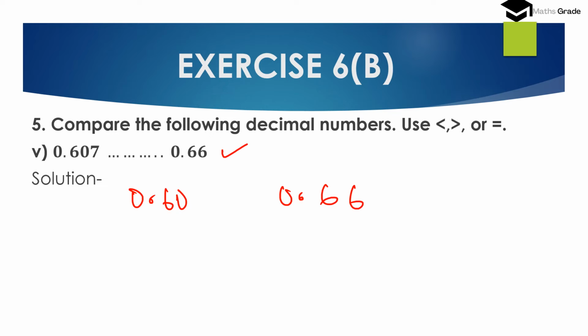In 0.66 there is no digit in the thousandths place, so we place 0. 0 is less than 6, so we place the less than symbol. So 0.607 is less than 0.66.